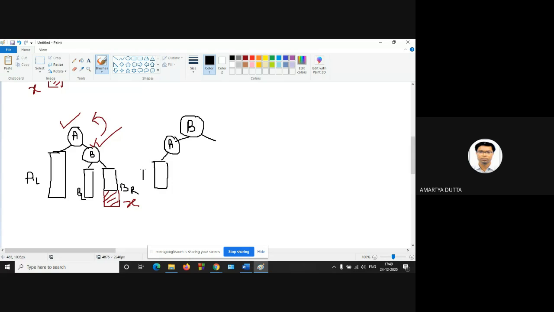AR becomes the left of BL, so this is your BL, and finally this is your BR plus X, the inserted node. So this is the scenario.